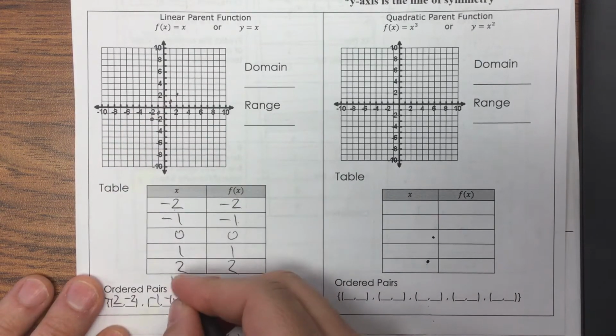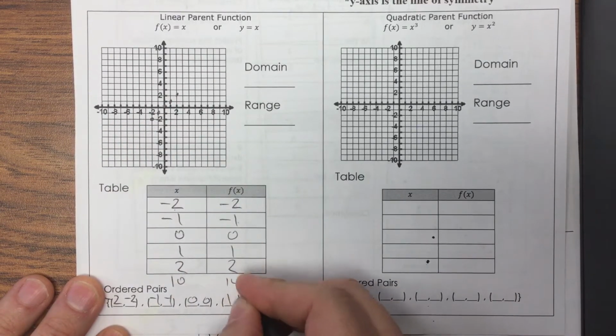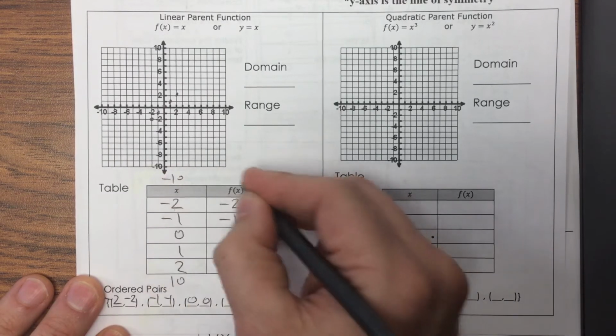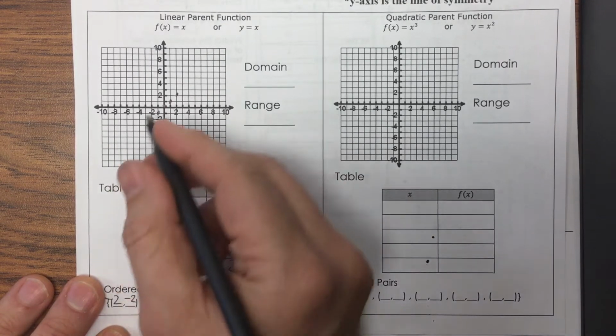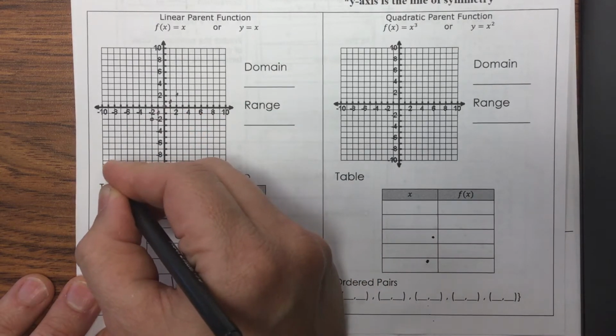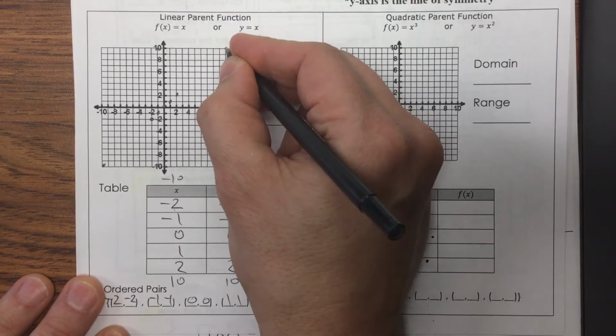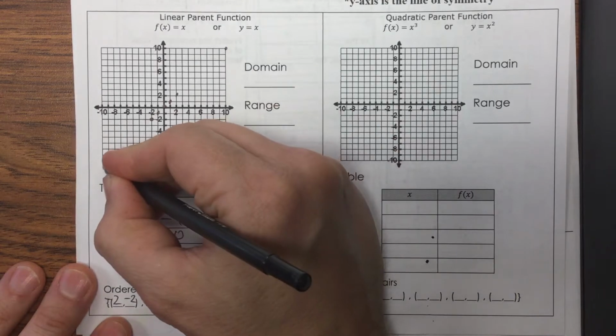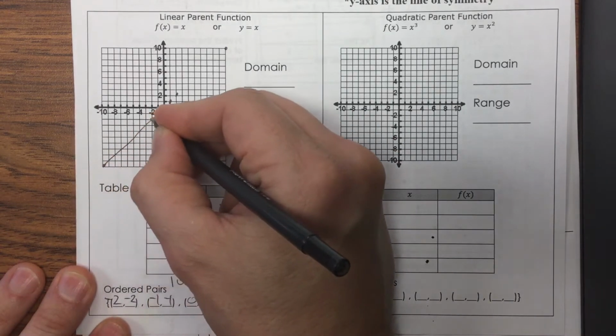Let's do 10, 10, and let's do -10, -10. That gives us a point way down here and way up here. Okay? Using a straight edge if you have one. I don't right now. I'm just going to eyeball it. There's my line.